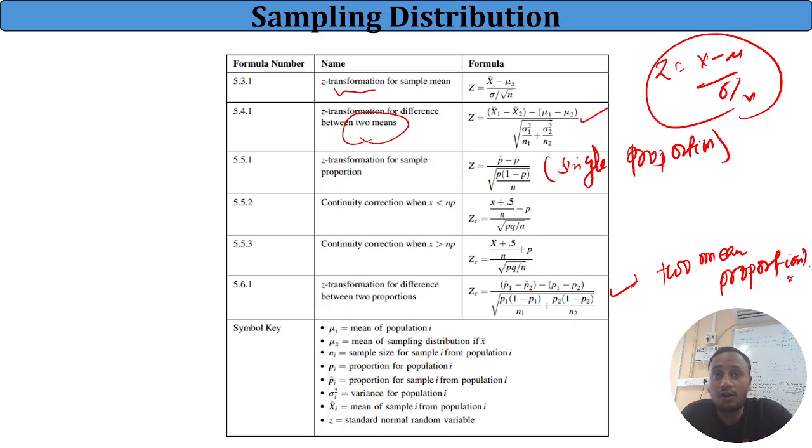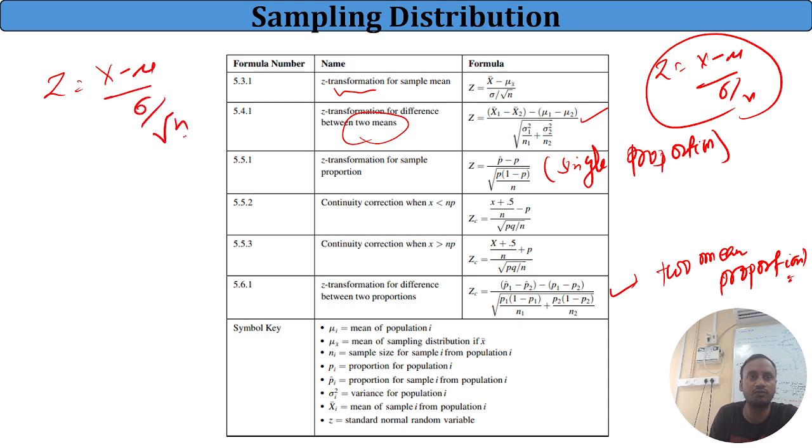Okay, so now this is how to calculate. Now we can also calculate the sample number. Z is equal to x minus mu upon sigma by root n, so we have to calculate n, the sample number. We get root n is equal to sigma into z upon x minus mu.